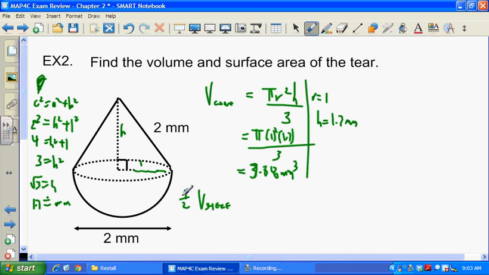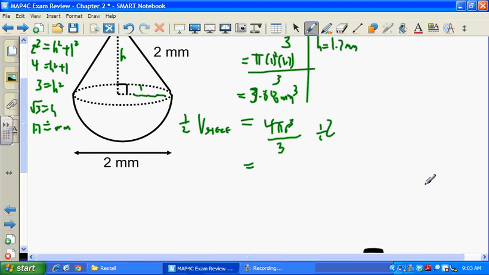I'm just going to divide it by 2 at the end, I think, because we've got a half sphere. There's the formula for volume of a sphere, again, straight from your formula sheet, right? I'm dividing by 2 because it's only half sphere. The radius is 1 again.